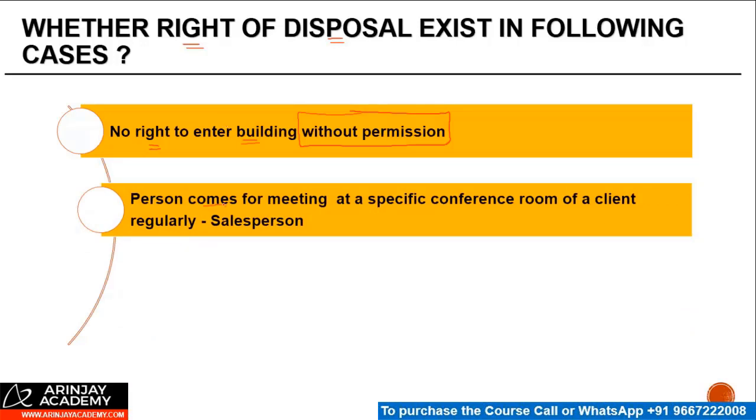If there is a person who comes for a meeting at a specific conference room of a client on a regular basis, but he's a salesperson, we cannot say that he has a right of disposal over the property. I mean, the client can any day tell him that we do not want to buy this thing from you anymore. Please do not come to our office. Leave alone the conference room.